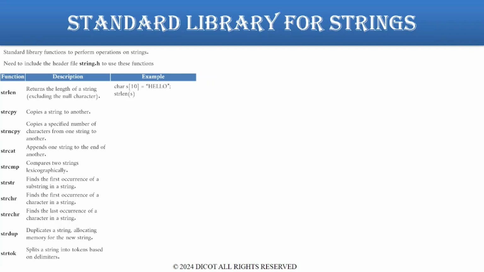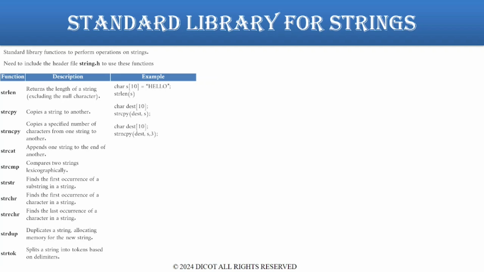strcpy copies a string to another string. It accepts two arguments: the destination string as the first argument and the source string as the second argument. strcpy will copy the source string to the destination string, dest in this case. strncpy copies a specified number of characters from one string to another.